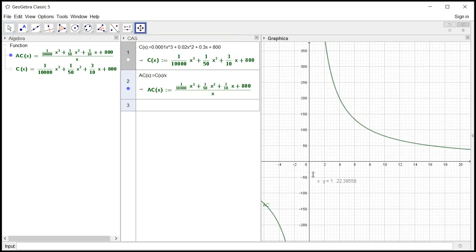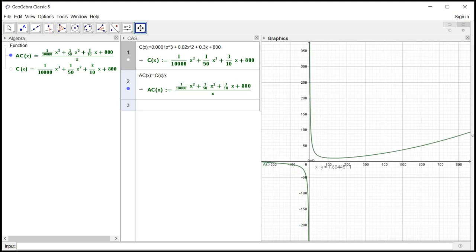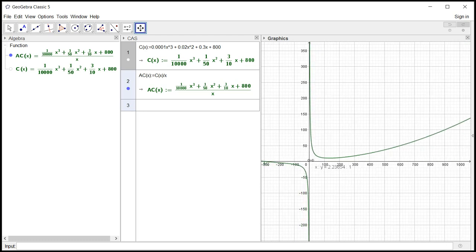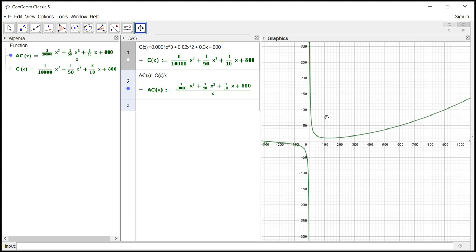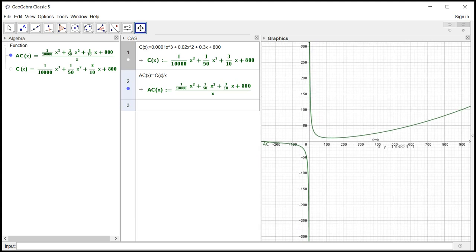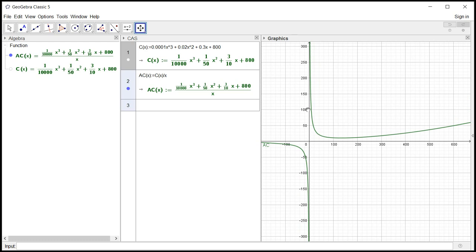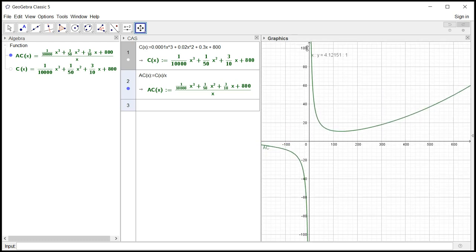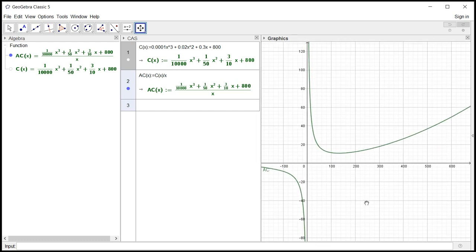You can see that this is going to be the minimum value right there. I'm going to stretch it out. Now we can see it better. The smallest point is somewhere around here, so we're going to use Newton's method to find that.